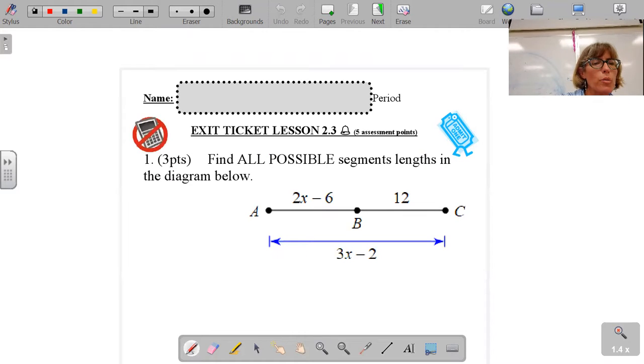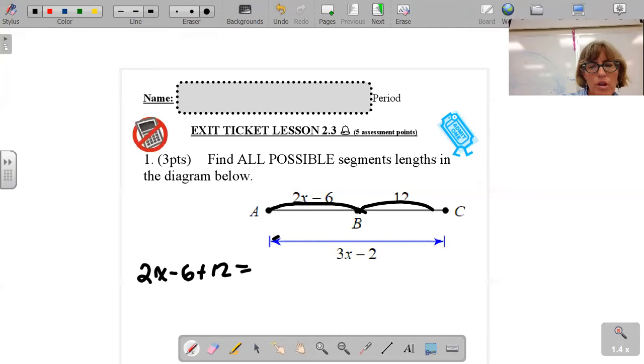So this first one, what they should have is something like 2x minus 6 plus 12 equals 3x minus 2.